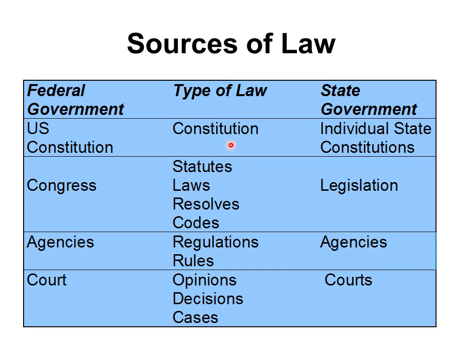But if you go across this way, you can see the type of law. Constitution, we have a federal. Each individual state has a constitution. Here's another type of law: statutes, laws, resolves, and codes. These are just different types of terminology for what is really technically a statute.